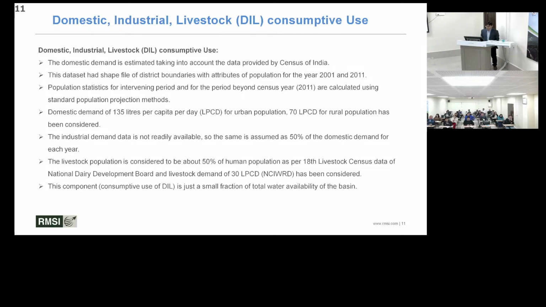These are standard guidelines. Industrial demand of the area is not readily available, but assume 50% of the domestic demand. Some literature methods recommend this value if you don't have any data for your particular basin. Then the industrial water demand you can estimate industry-wise. You have the cotton industry, some paper-based industries, some machinery, the construction industry. What is the water requirement? There are some guidelines. You can estimate this water requirement depending upon the production rate of your industry.